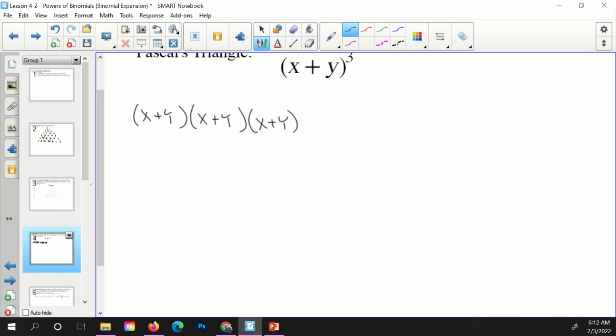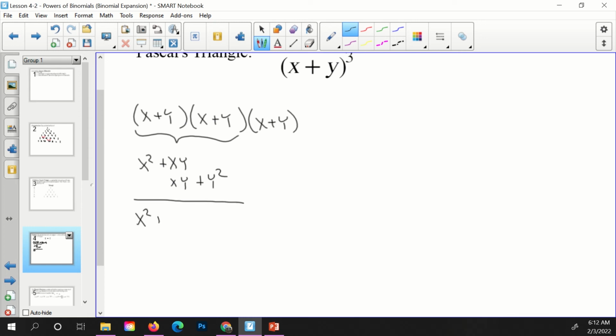I'm going to multiply these first two first, and if you remember from yesterday, I'm going to stack. So I've got x times x is x squared, and then x times y is xy, and then y times x is also xy, and then y times y is y squared.